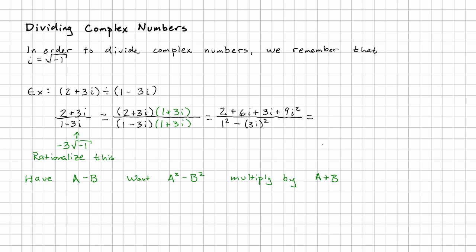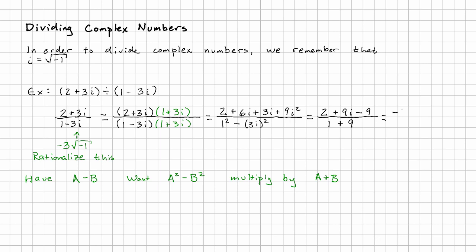So working this out and remembering that i squared is -1, we'll have 2 plus 9i minus 9 over 1 plus positive 9. Minus -9 is plus positive 9.